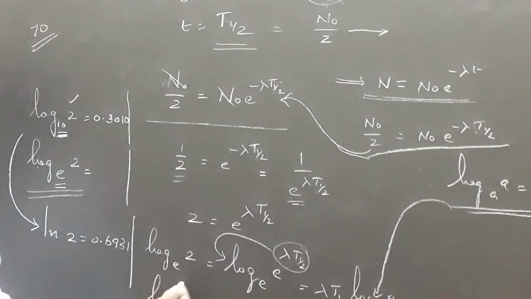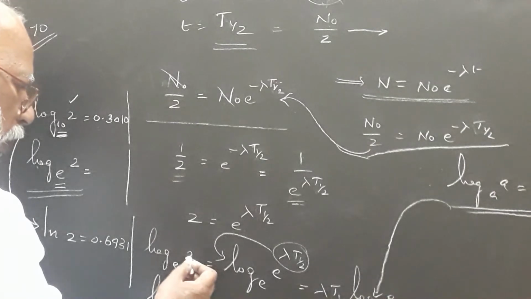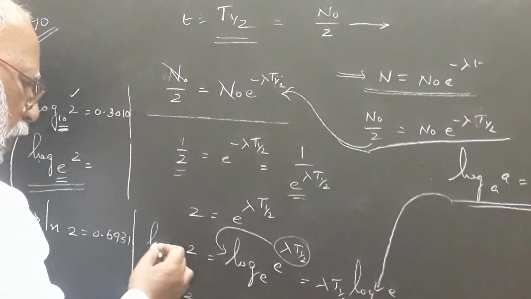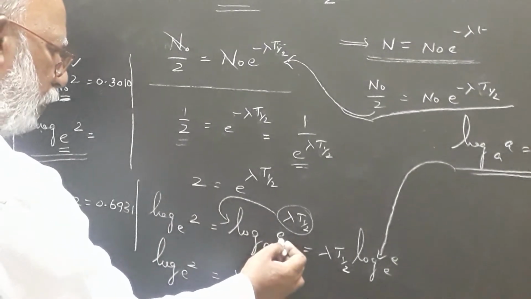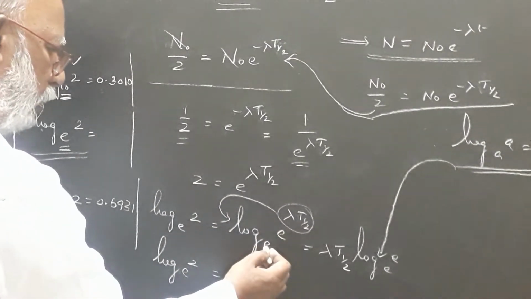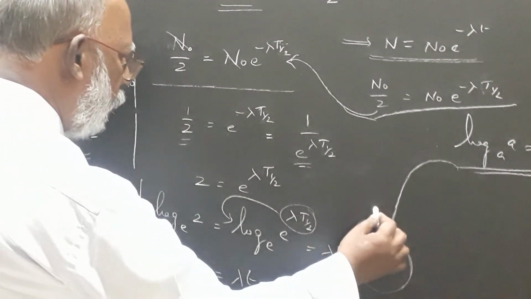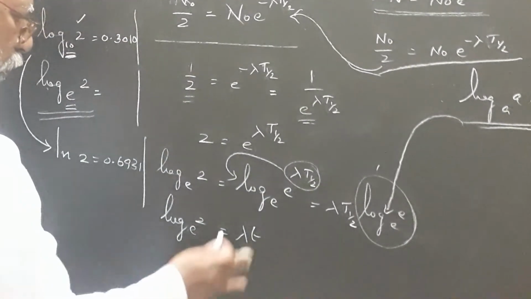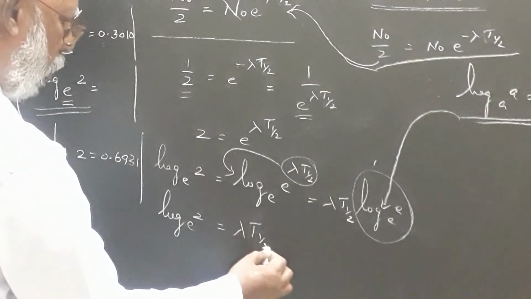Then take the logarithm on both sides: log of 2 base e equals log of e power lambda t of, base e. Now log of e base e equals 1. Therefore lambda into t of.